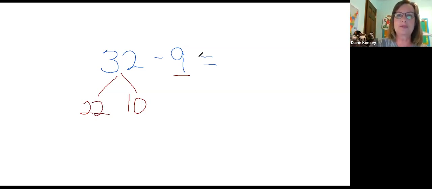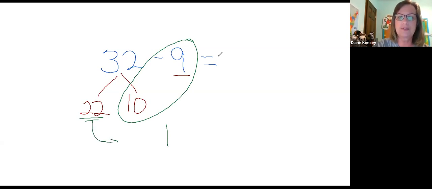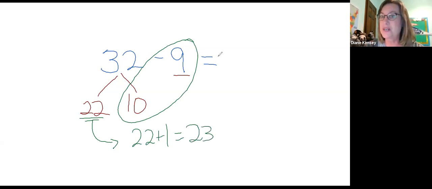So this is just an oh so simple math problem for kids. They're like, oh, that is so simple. That's just 1. That's right. What am I going to do with this 22? I'm going to bring this 22 down here, add it on to the 1, and my answer is 23. Isn't that interesting?